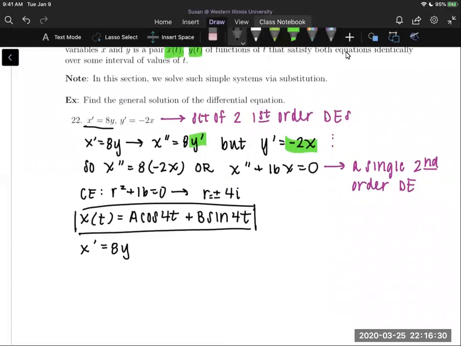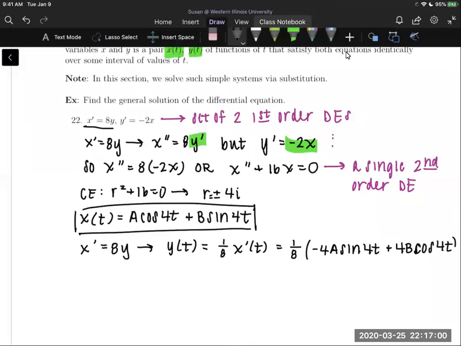And I'm going to say, okay, so in other words, y of t is 1/8 of x prime of t. So I can identify the second solution there, y of t, by utilizing the first derivative of x of t. So that's going to be 1/8 of negative 4a sine 4t plus 4b cosine 4t.